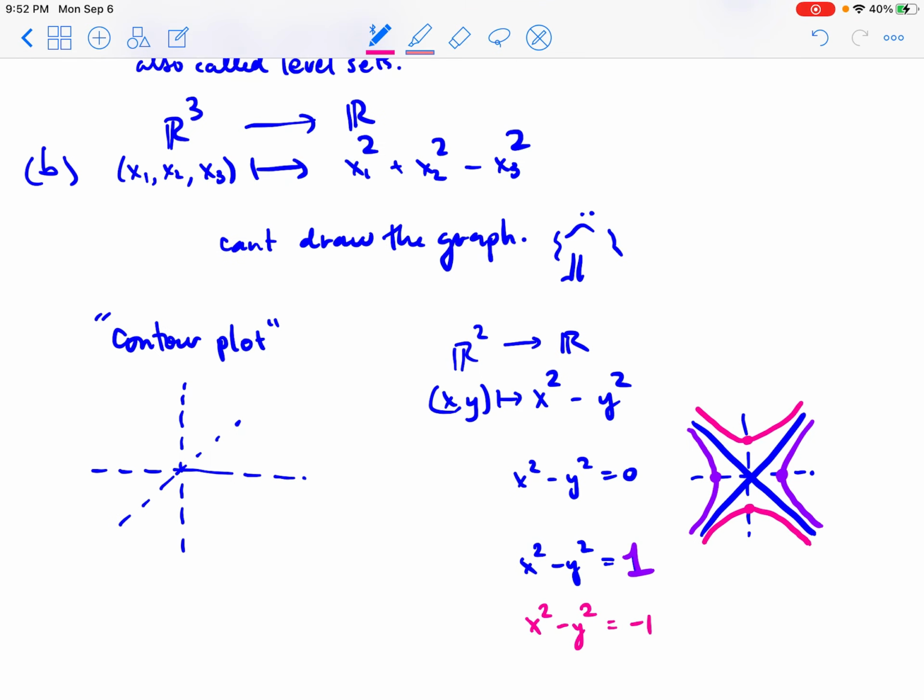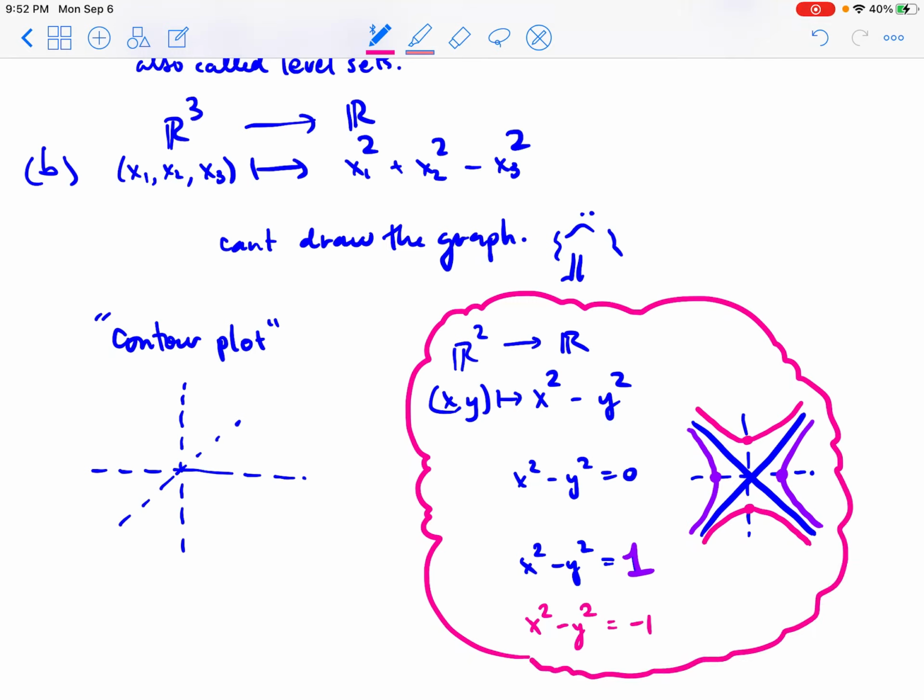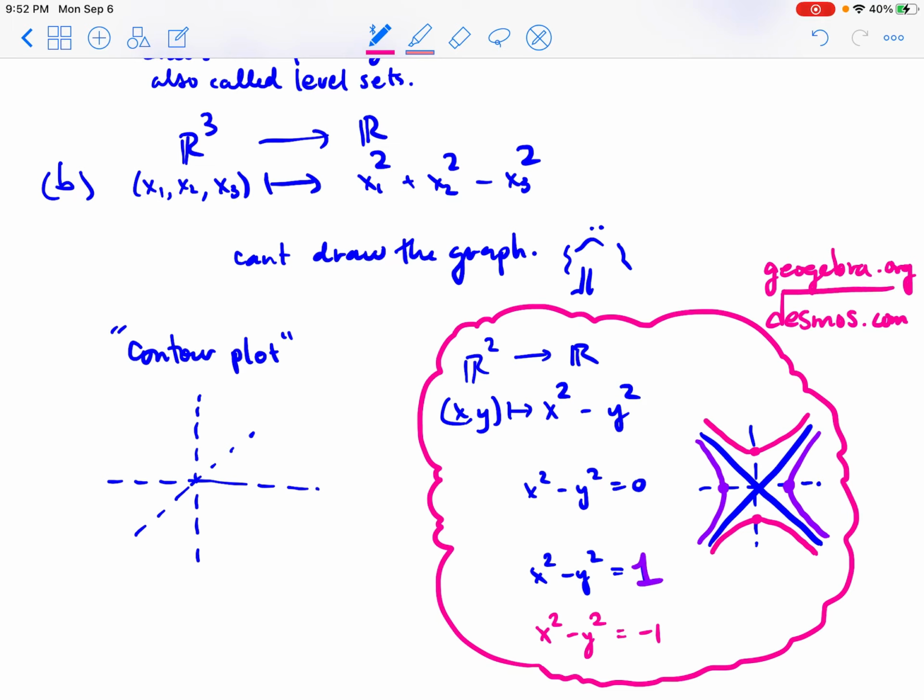Okay, and now this just helps me remember, because this was all sort of in my head. And I think you should play around with this in Desmos.com, for example. It's good for 2D, or GeoGebra.org, I think is the website.